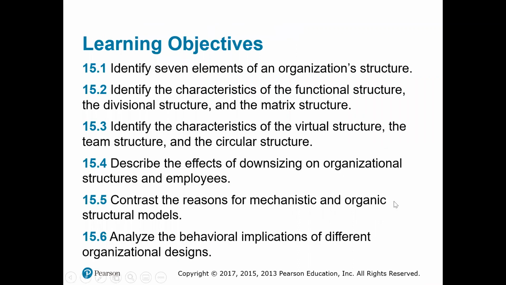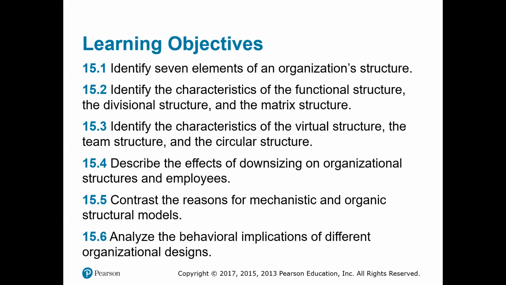So learning objectives, we want to identify those elements of an organization structure, which could be specialization, departmentalization, span of control, boundary spanning. We have line and staff authority, responsibility, relationships, plenty of other things that we will discuss today. Identify the characteristics of what's a functional structure, what's a divisional, and what's a matrix organization.